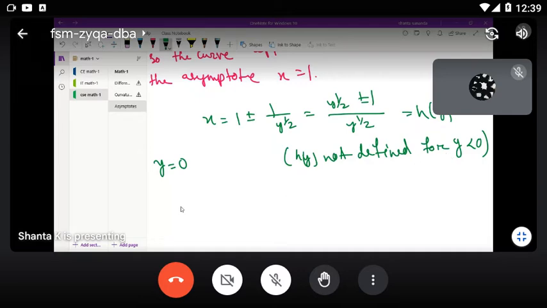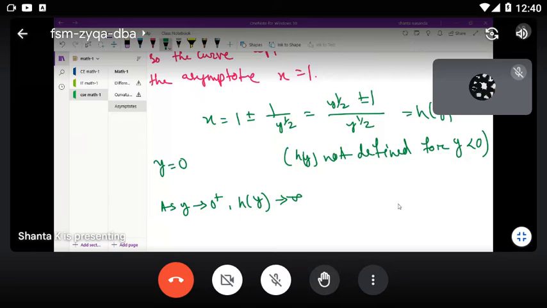So as y approaches 0 from the plus side, h(y) approaches plus infinity. Therefore the curve approaches the opposite ends of the horizontal asymptote y equals 0.